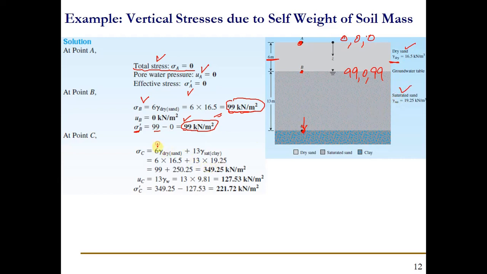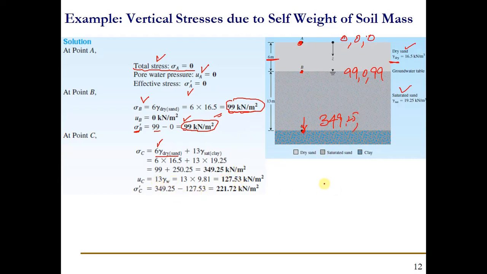So 6 is the depth of the dry sand layer into gamma D, which is 16.5 kilonewton per cubic meter, plus 13, which is the depth of the saturated sand, multiplied by 19.25 kilonewton per cubic meter. Then this will be the total stress, 0.25.